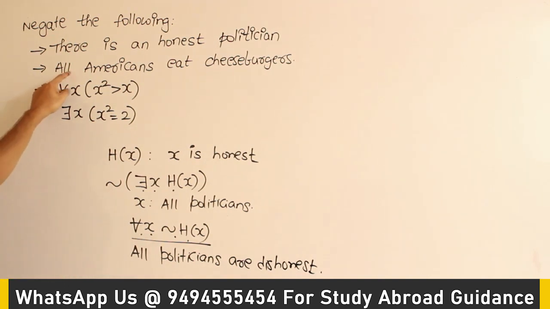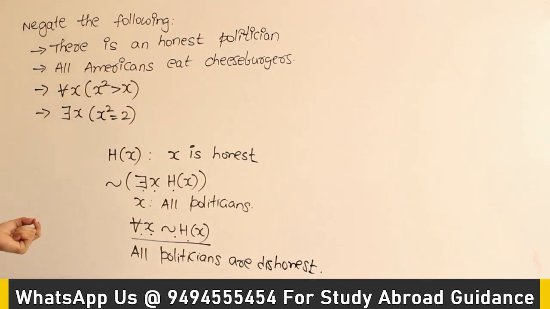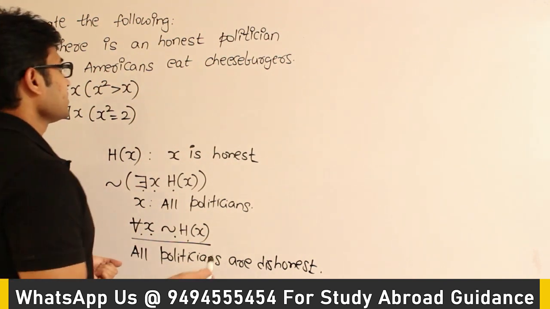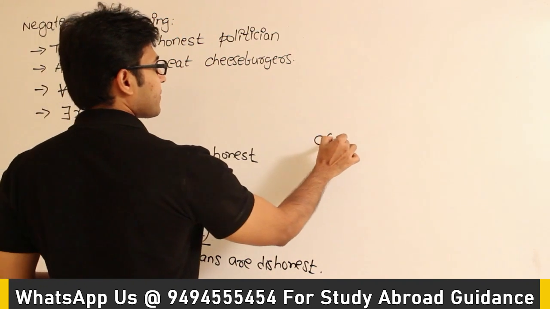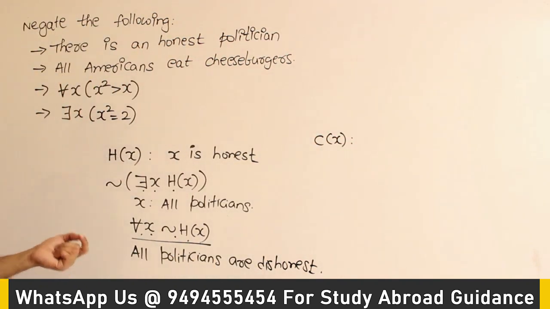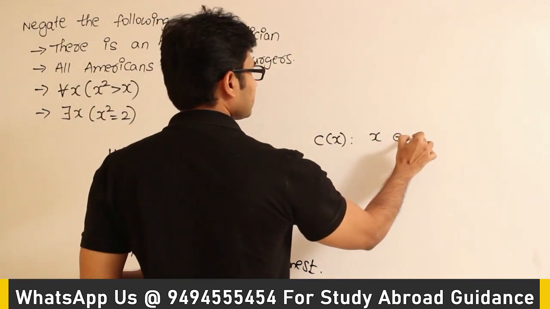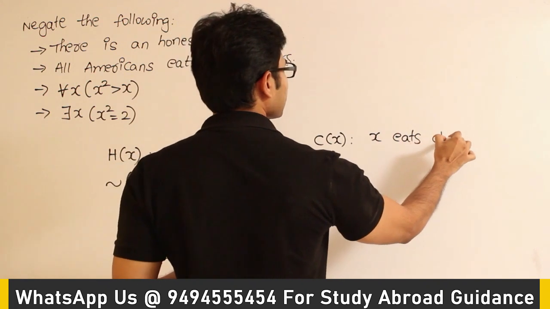Now the next one is all Americans eat cheeseburgers. Now again I want to do it in such a way that I'll introduce the propositional function and do it. So let us say c of x is the propositional function which represents x eats cheeseburgers.